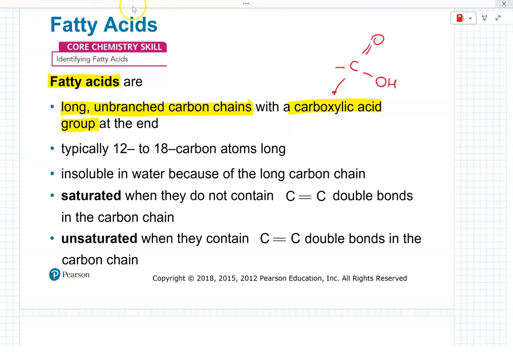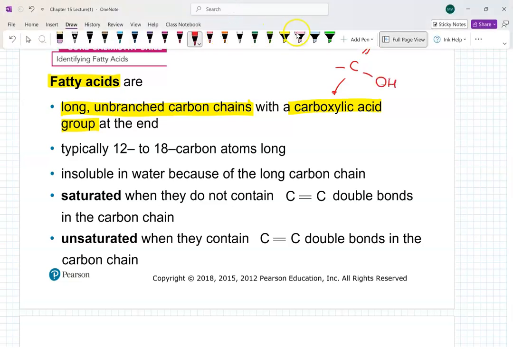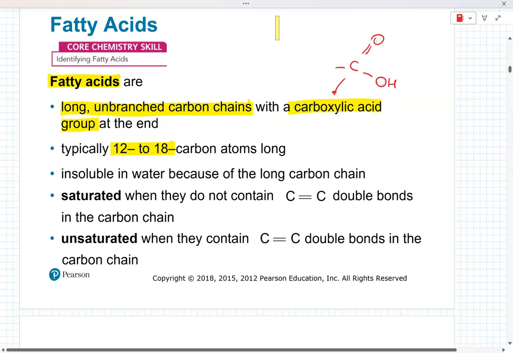This group. And the typical length for fatty acids is 12 to 18 carbon atoms. All of fatty acids, practically with no exception, are not soluble in water.